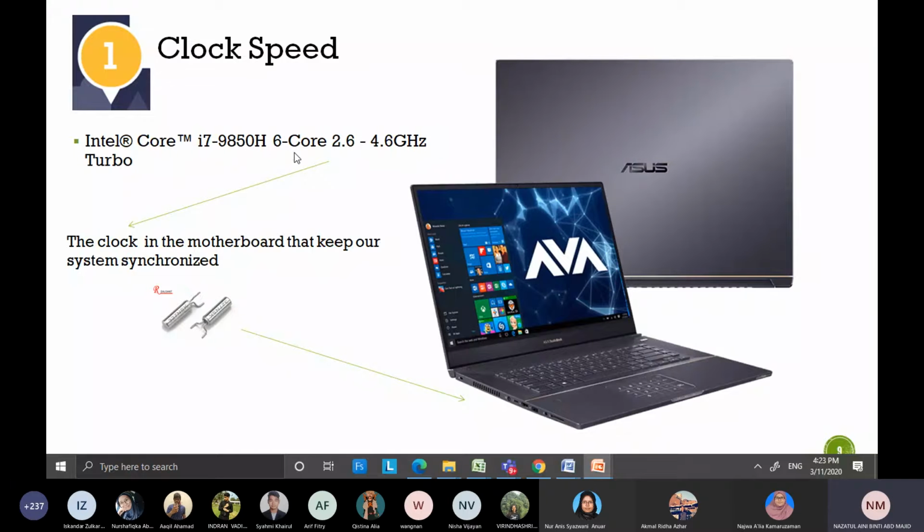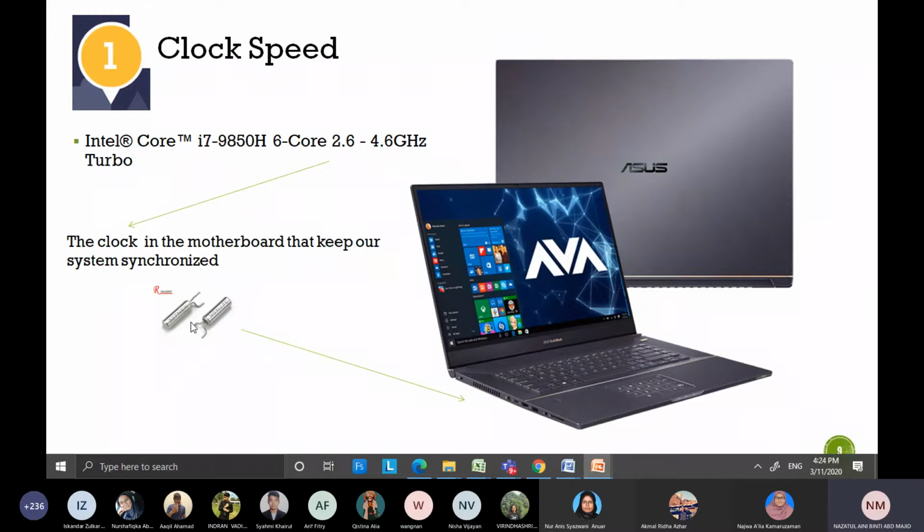This laptop has 2.6 gigahertz, so this computer has a processor that runs at 2.6 gigahertz. This value is related to the clock. This is not the clock on the wall. This is the clock on the motherboard that keeps the computer system synchronized.